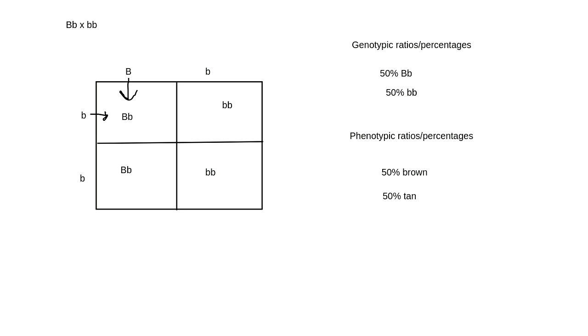And yes, definitely, brown is either big B, big B, or big B, little b. Because it's the dominant trait, you only need one allele for that genotype to give you brown. So big B, big B, or big B, little b is brown.